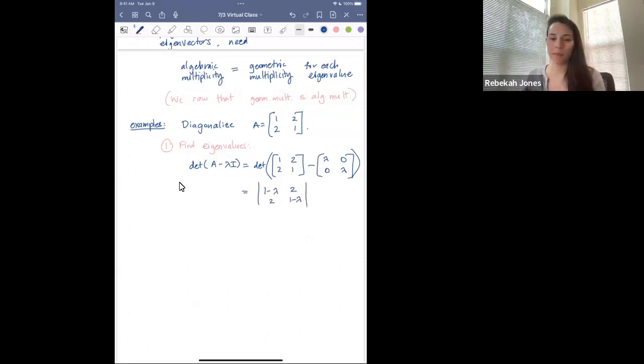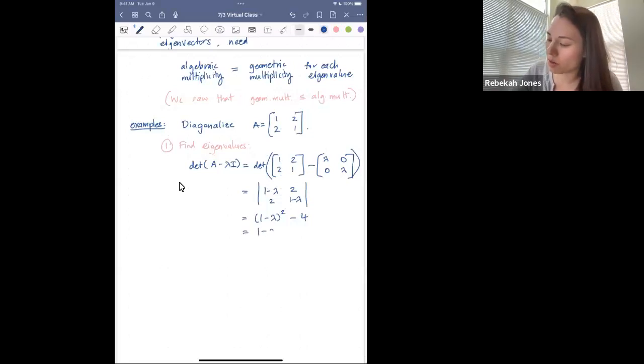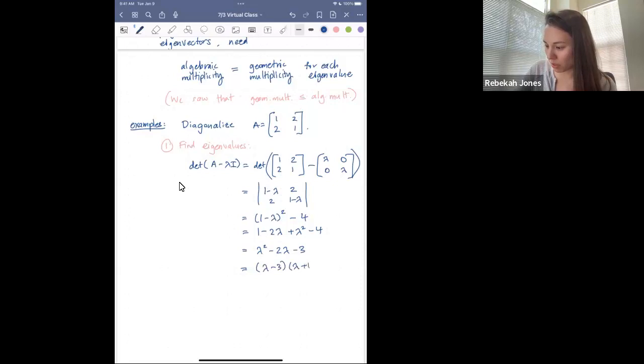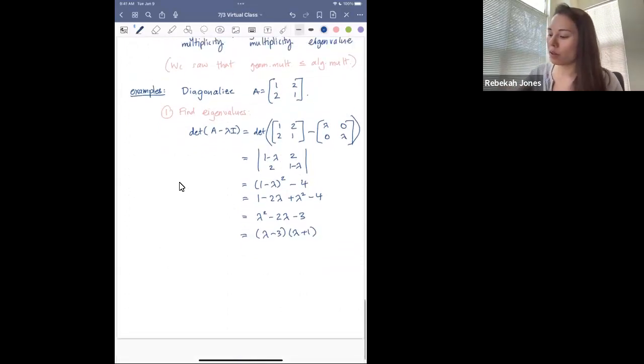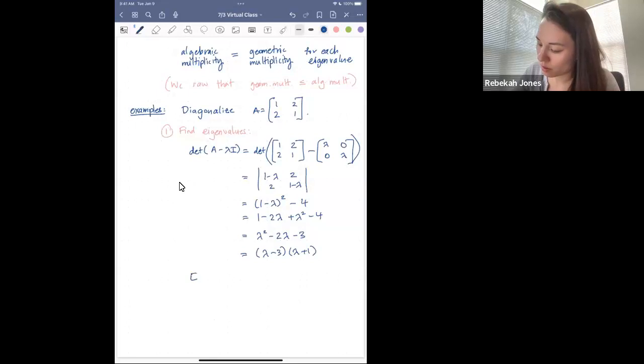This is just a simple 2 by 2 determinant. We multiply this out and then factor it. This gives us 1 minus 2 lambda plus lambda squared minus 4. Rewriting that, we get this, which factors nicely into lambda minus 3 and lambda plus 1. And so our roots are 3 and -1, and those are our eigenvalues.